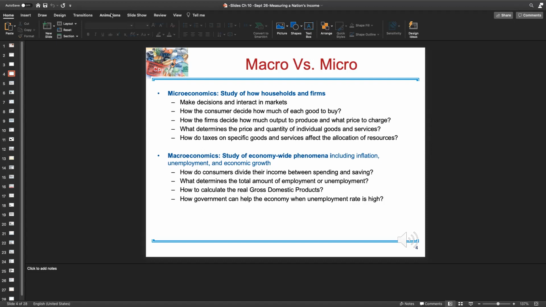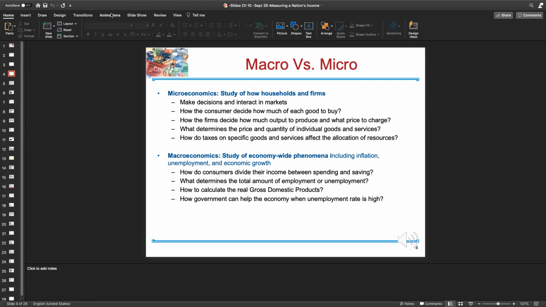On the other hand, macroeconomics is the study of economy-wide phenomena, including inflation, unemployment, and economic growth. The usual questions are: how do consumers divide their income between spending and saving? What determines the total amount of employment or unemployment?